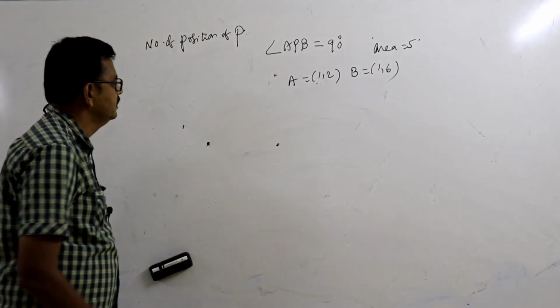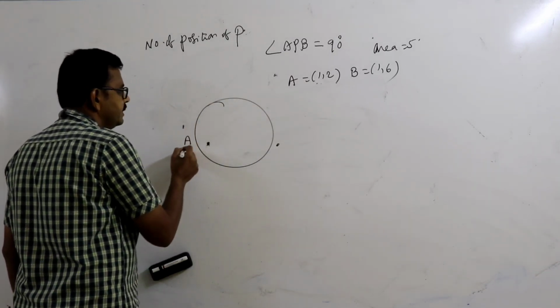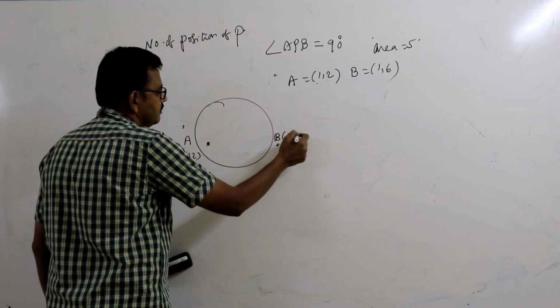Point A is 1 comma 2, point B is 1 comma 6.